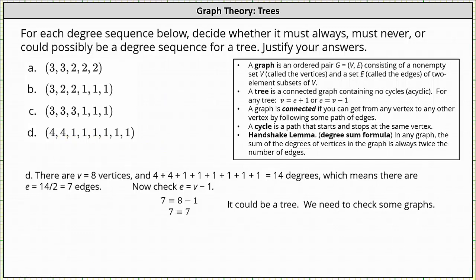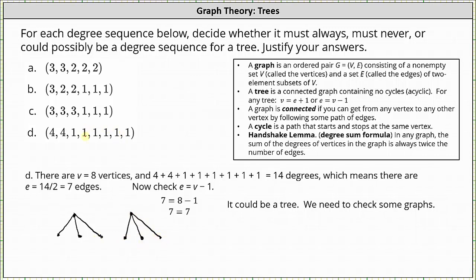So I'm going to start with 4 vertices and connect them using edges in this way. Right now we have degrees 3, 1, 1, 1. I'm going to sketch this again on the right. Right now, notice how the graph is disconnected, and the degrees are 3, 3, 1, 1, 1, 1, 1, 1.